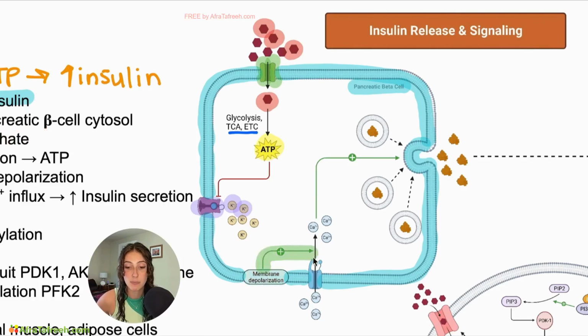And once we have membrane depolarization, that is what is going to stimulate this calcium channel to open. So the depolarization stimulates our calcium channel to open, and it is the influx of calcium into the pancreatic beta cell which is going to stimulate the translocation of these vesicles containing insulin to the cell membrane. And as these vesicles fuse with the cell membrane, they're going to release insulin into the extracellular space.